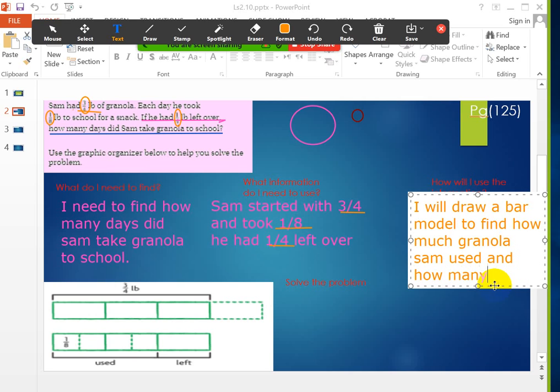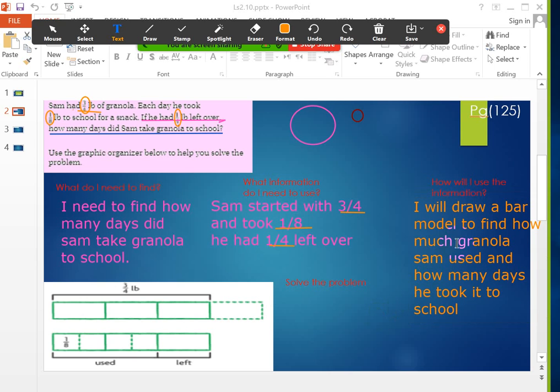This is the most important thing: how many days he took it to school. Okay, this is what I need to find, or this is how I will use the information.